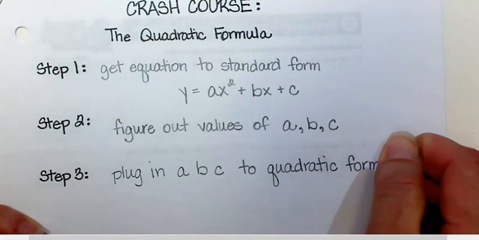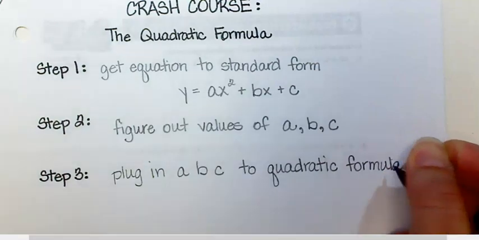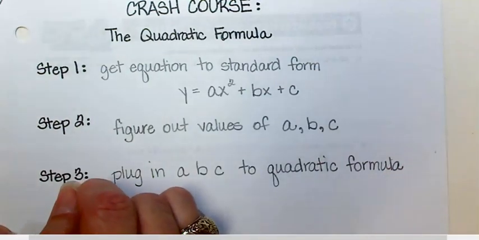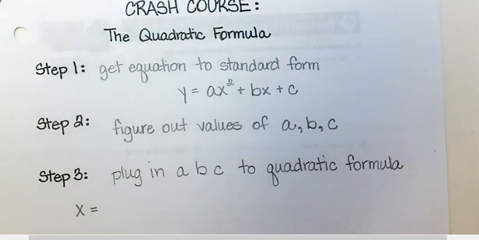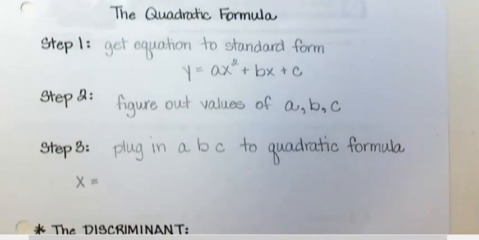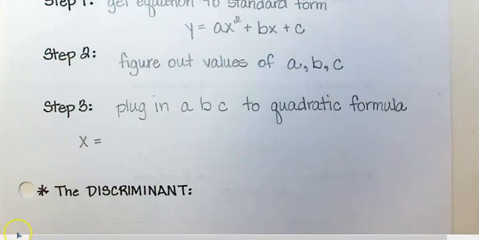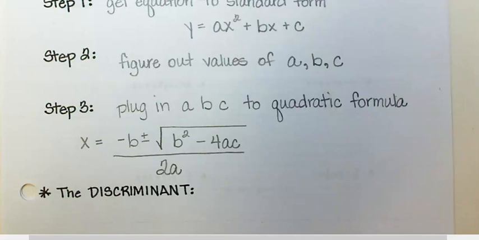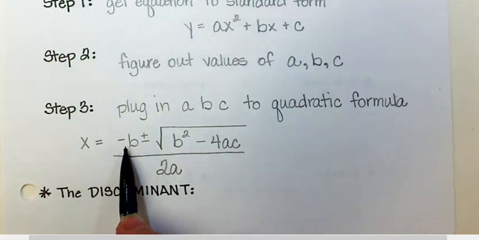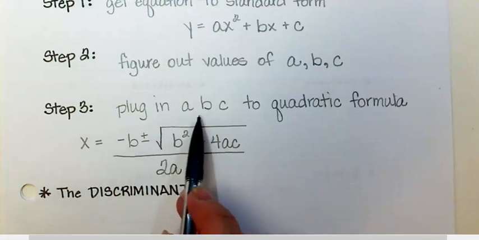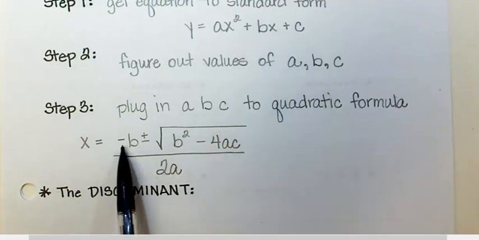So if we are getting our solutions, we're solving for where the parabola crosses the x-axis. So your quadratic formula looks like this.